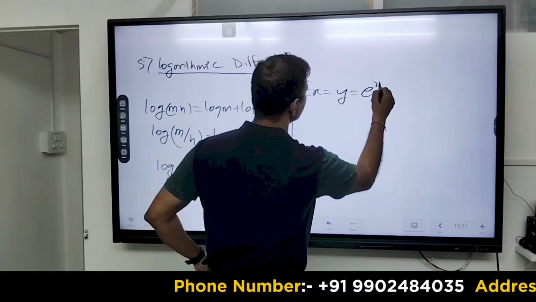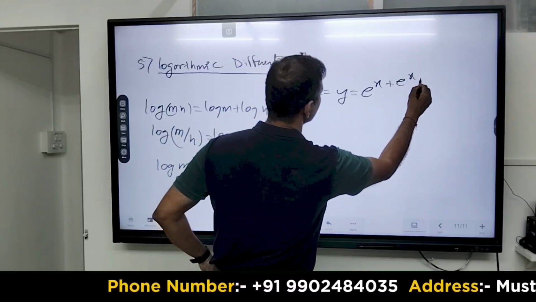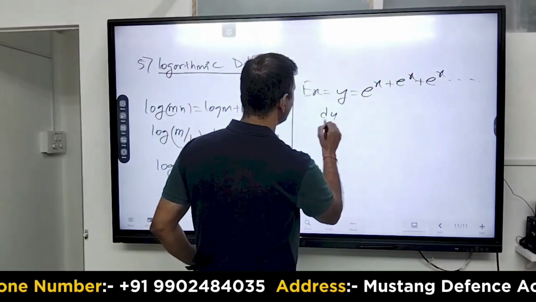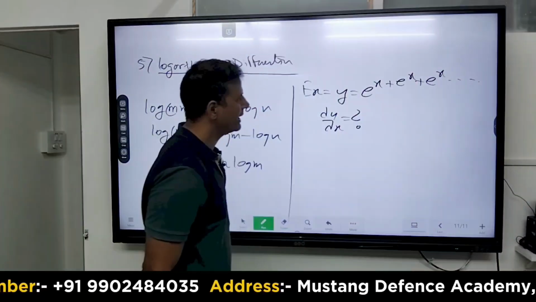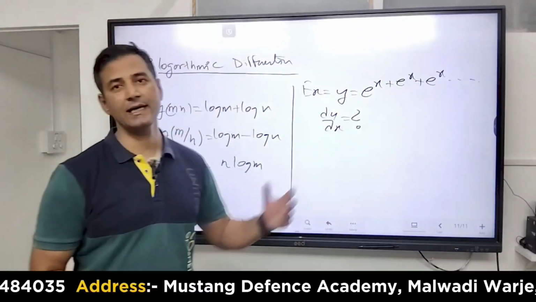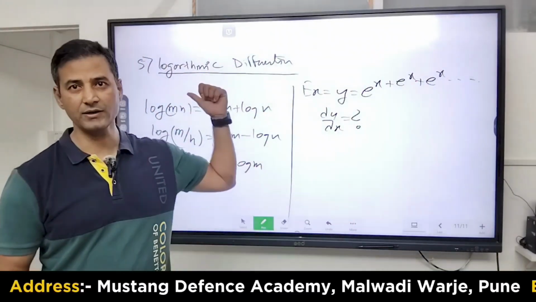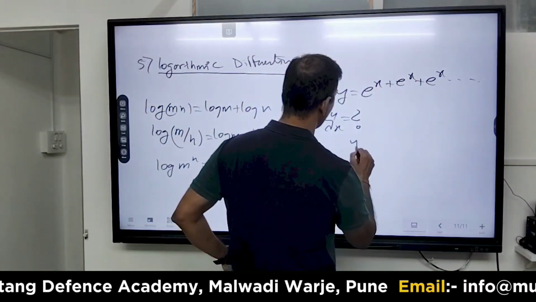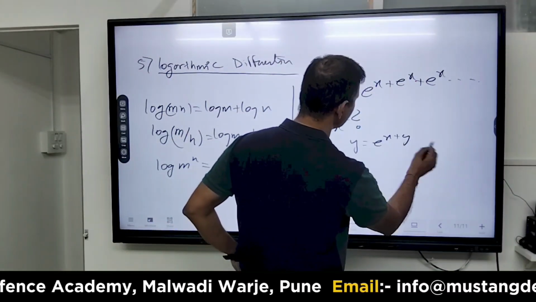y is equal to e raised to x plus e raised to x plus e raised to x, and so on. Now you have to find dy by dx. Again the series is repeating. It is an infinite series. Remember the first problem we did, infinite series. So we will take it as y is equal to e raised to x plus y.